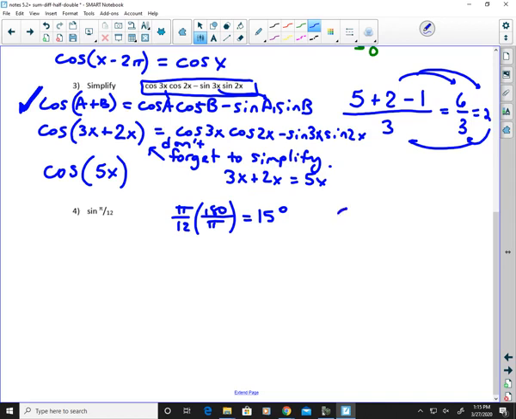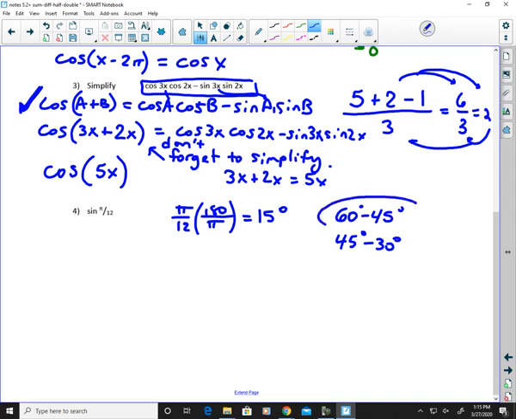You could either do 60 minus 45, which is usually not the one people see. Most people see 45 degrees minus 30 degrees. In this situation, there's not one that's better than the other.